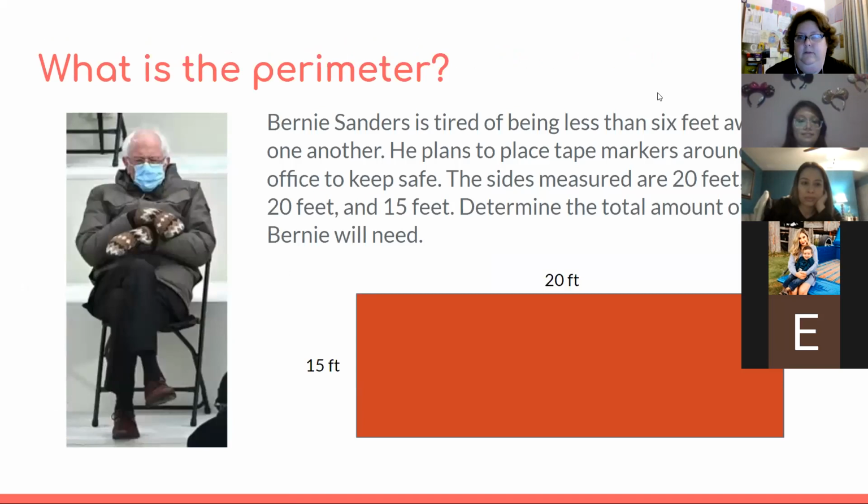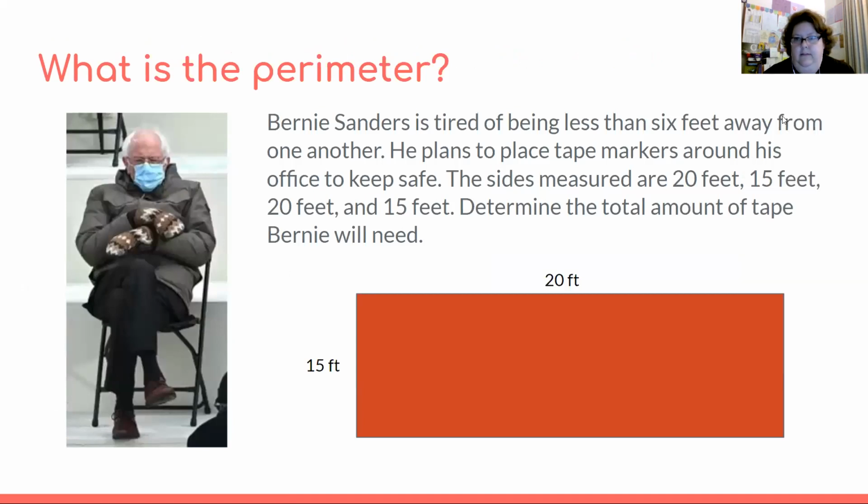Okay, so let's look at this word problem. Bernie Sanders is tired of being less than 6 feet away from one another. He plans to place tape markers around his office to keep safe.